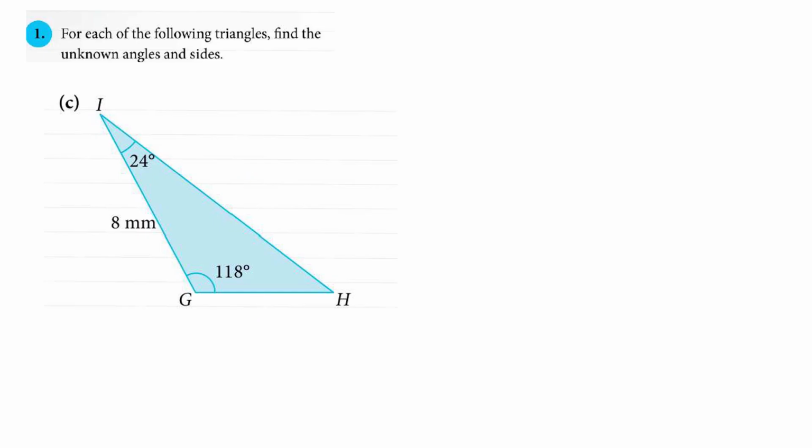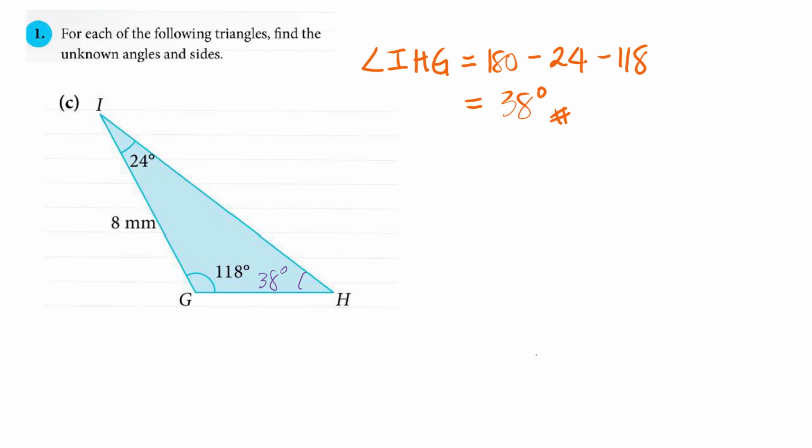Let's start off by finding the angle IHG, which is just 180 degrees minus 24 minus 118. That gives you 38 degrees. So this angle here is 38 degrees. How do we use the sine rule? We draw arrows. It's very easy. Let's start with 118.